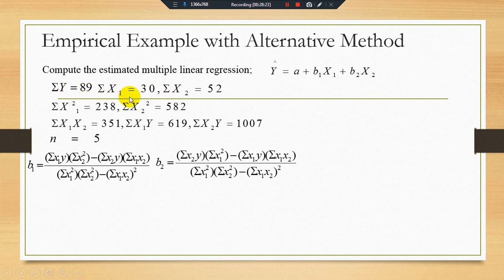Now we have to convert these upper case values into the deviation form, or lower case form, or reduced form. For finding summation x1 square in deviation form, we put the value of x1 uppercase square.